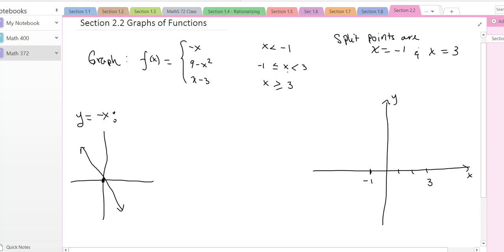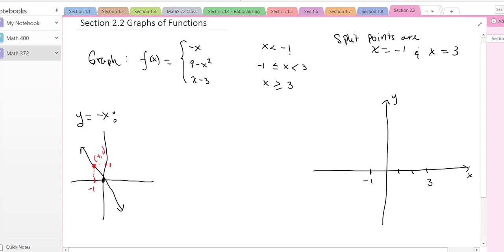Now for this function, my split point is x equals -1. So I'm going to go to -1 located on my graph. When x is -1, this is the point -1, 1.